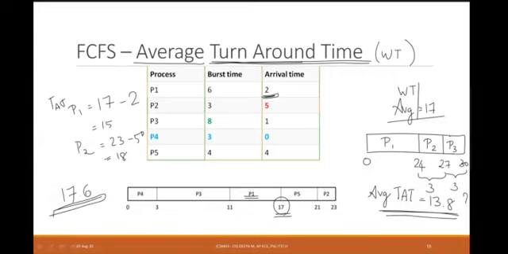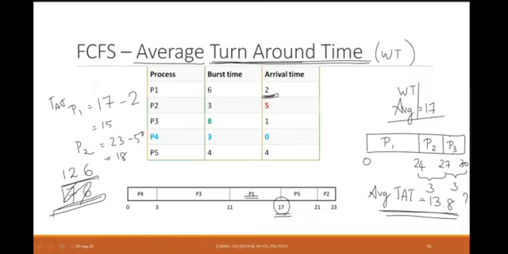Yes, I guess it is 12.6. Akash, check your answer. 12.6 for the first one, yes. Average turnaround time is 12.6 for the first one.